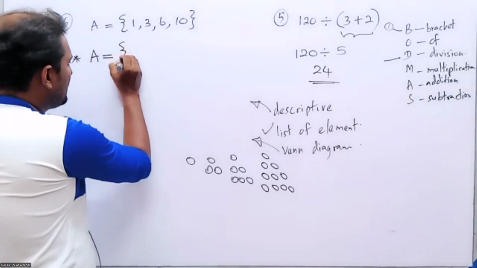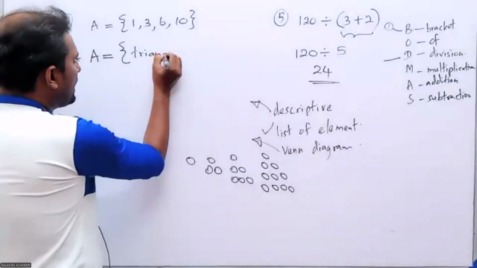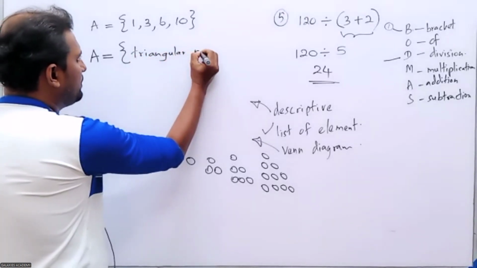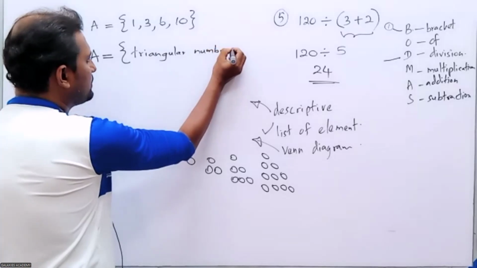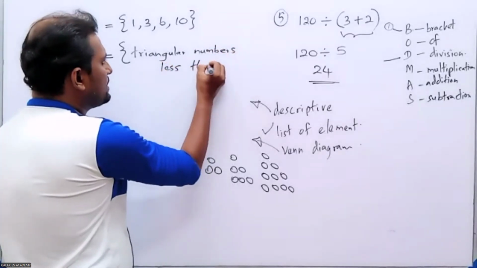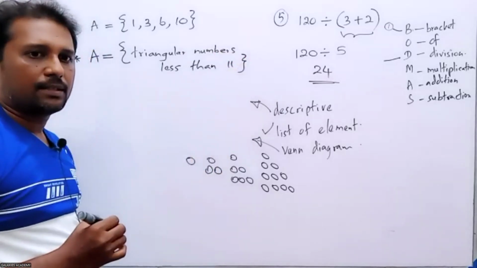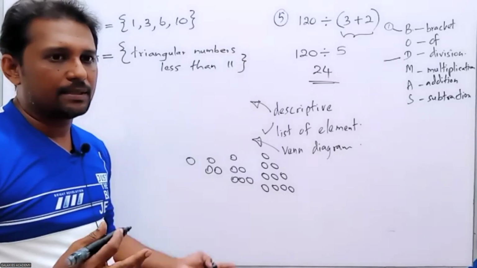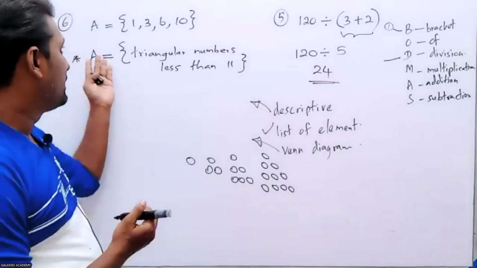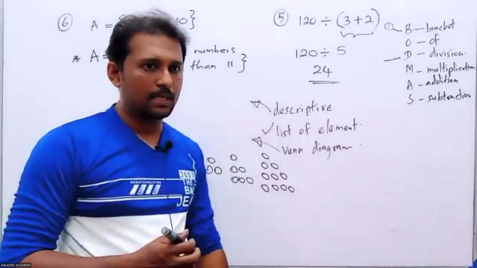Capital A equals, I can write triangular numbers less than 11. Right? Triangular numbers less than 11. So the triangular numbers less than 11 are only these 4. So it is suitable. Right?